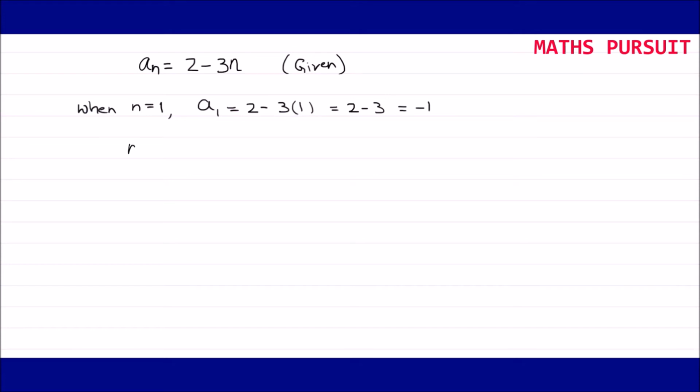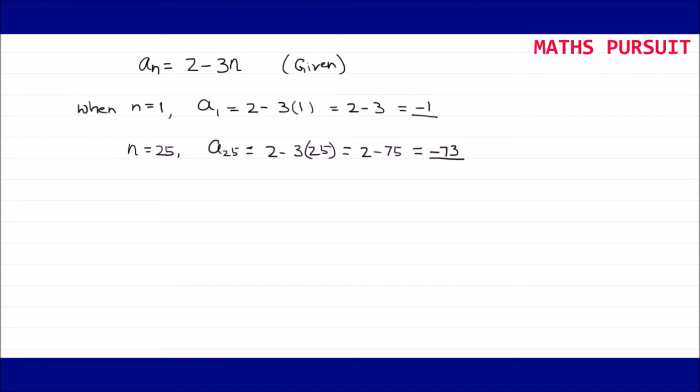Similarly, when n = 25, a25 = 2 - 3 into 25, that is 2 - 75, which is -73. So you could see that I got the value of a1 as -1 and a25 as -73.